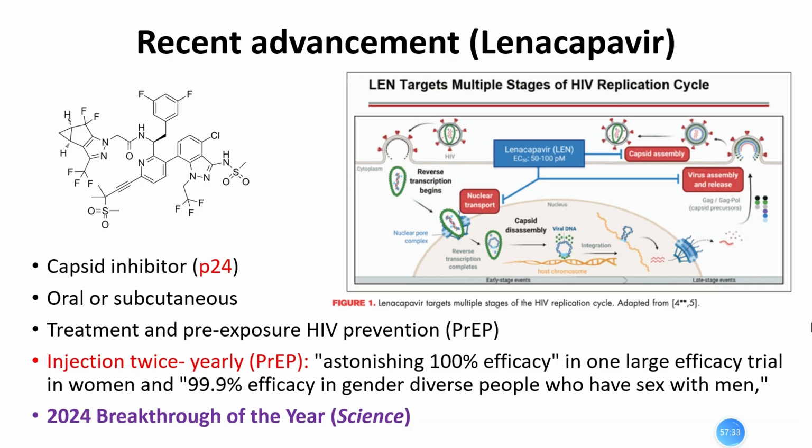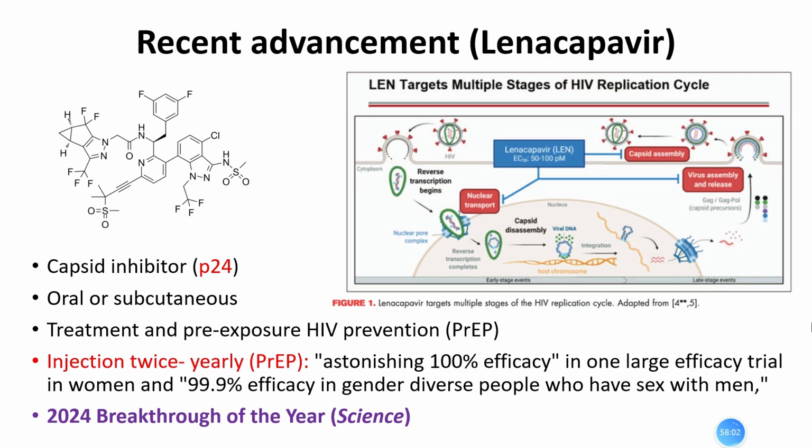Okay, good news. The recent advancement of AIDS therapy or HIV therapy. This is a new medicine. The name of it is lenacapavir. Okay, this is a structure of the medicine. This medicine actually targets on T24.